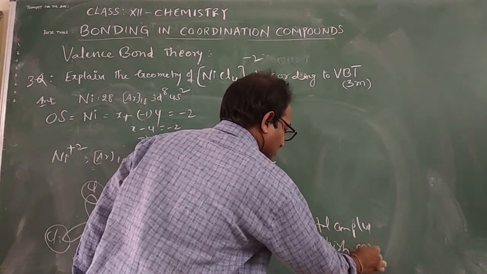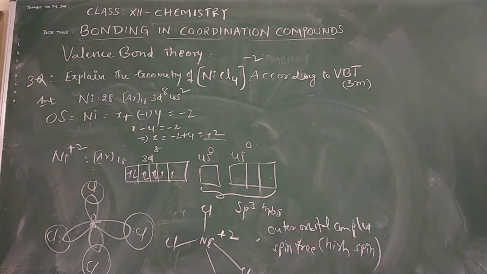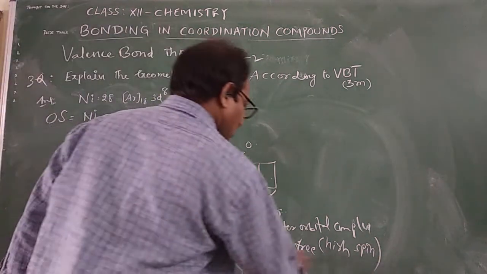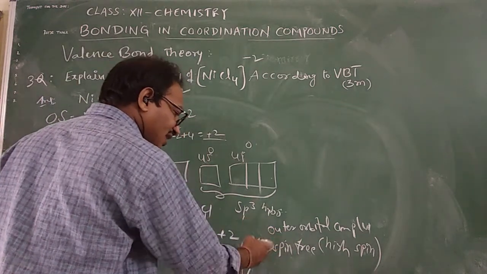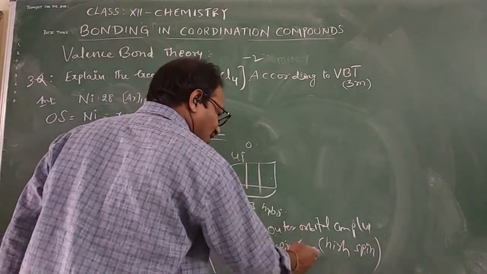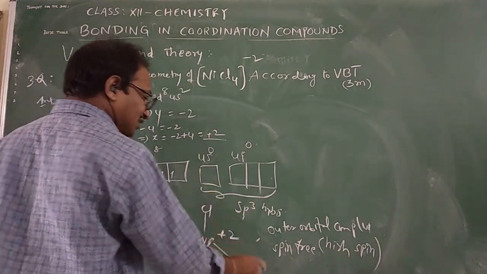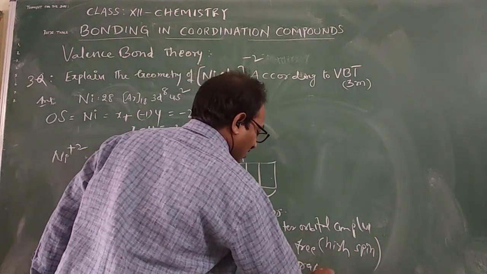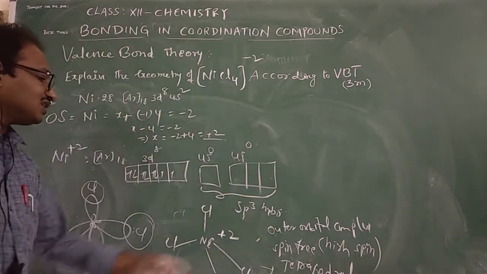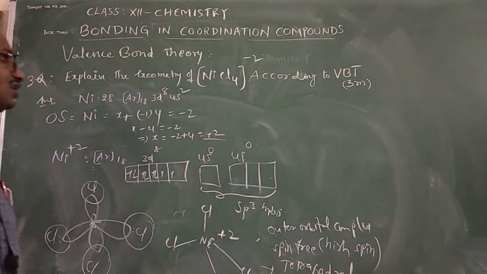Outer orbital complexes are nothing but spin free or high spin complexes, and the hybridization is sp3 and the geometry is definitely tetrahedral. Here the hybridization is important. NiCl4 2 minus means sp3 hybridization.